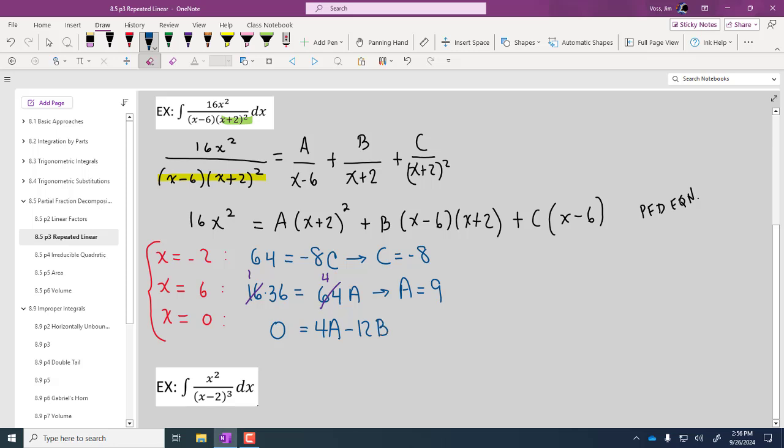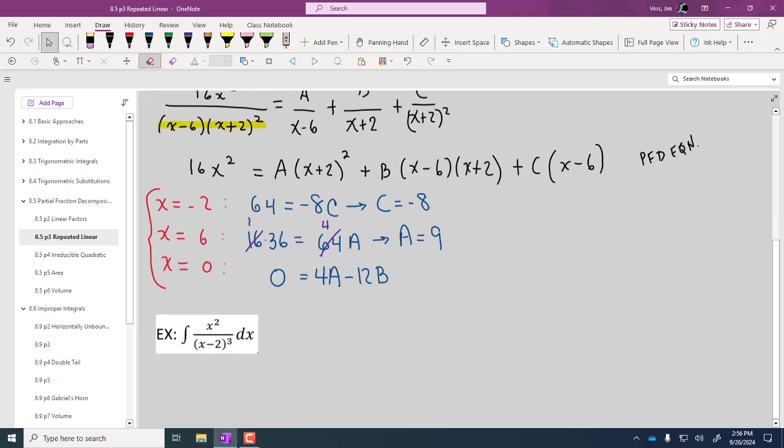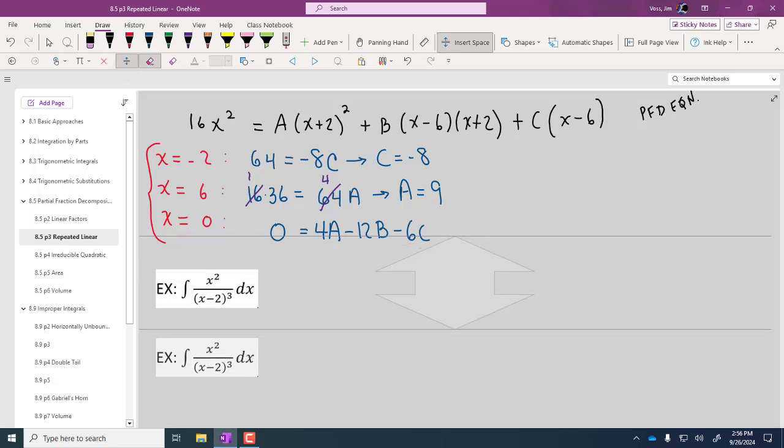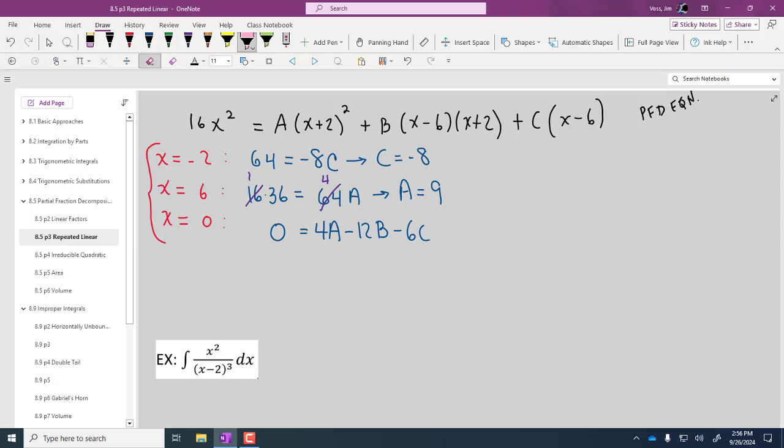Plug in 0 over here, we'll have negative 6c. Then, all we have to do is plug in what we already know. We already know those two, so those are going to get plugged in for A and C. And that will allow us to solve for B.